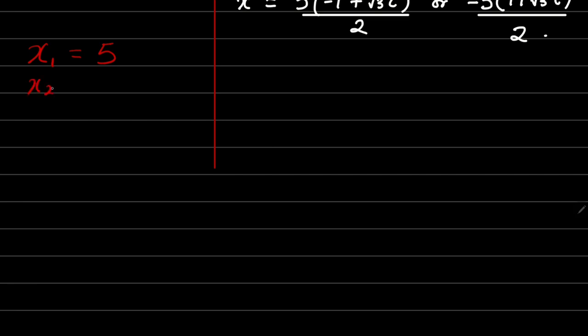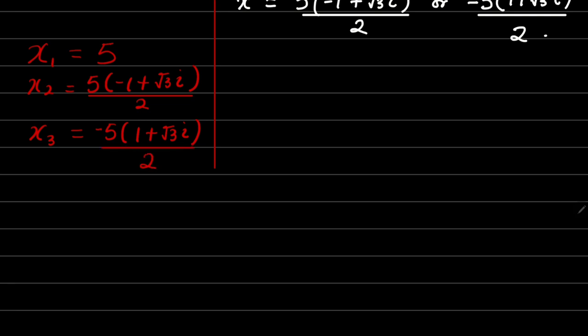Then the second, which is x2, we can have it as 5 into minus 1 plus root of 3i, over 2. Then the third one will be equals to minus 5 into 1 plus root of 3i all over 2. So this is a complete and comprehensive solution to this question, where we have 3 roots.